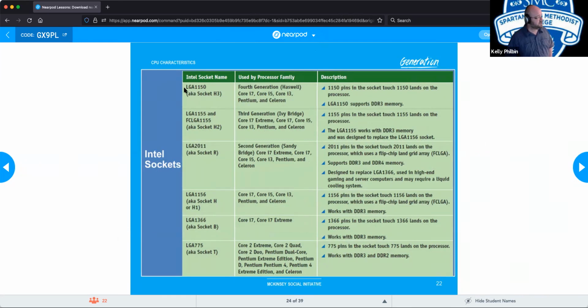All of their sockets typically start with LGA because they are LGA sockets. Even this one is FC LGA. So all the Intel sockets start with LGA. If I have an AMD chip and they're giving you Intel sockets, which start with LGA, you know it is non-compatible and it will not work.